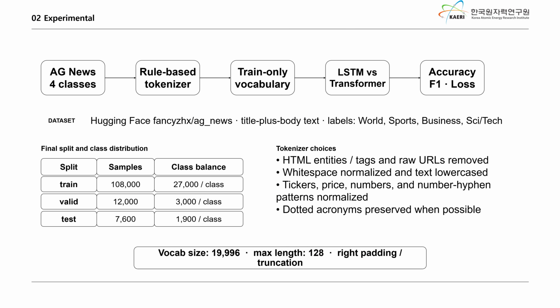For our dataset, we used AG News, which consists of four perfectly balanced classes. This balance prevents any performance distortion. For preprocessing, we used a custom rules-based tokenizer to handle news-specific patterns.